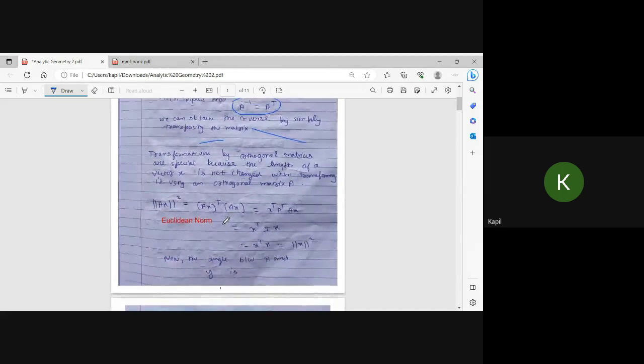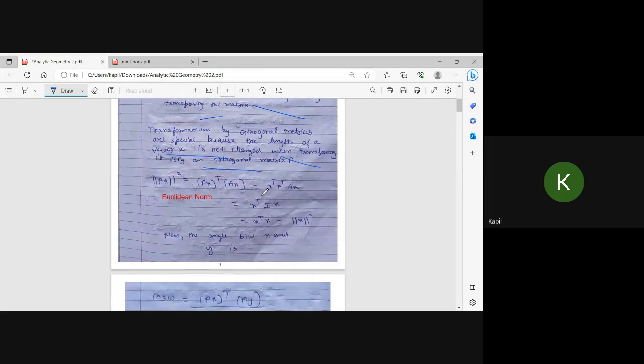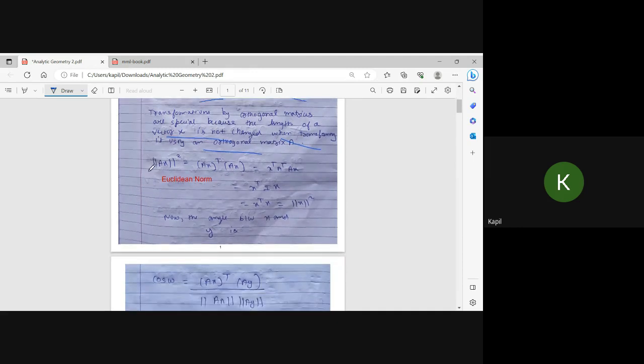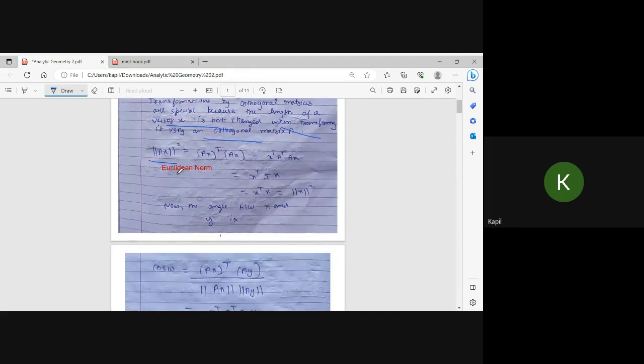Transformations by an orthogonal matrix are special because the length of vector x doesn't change while we are transforming it with an orthogonal matrix A. So this is the square of the magnitude of Ax, and this is the Euclidean norm. We know that the norm of x is root over x transpose into x.